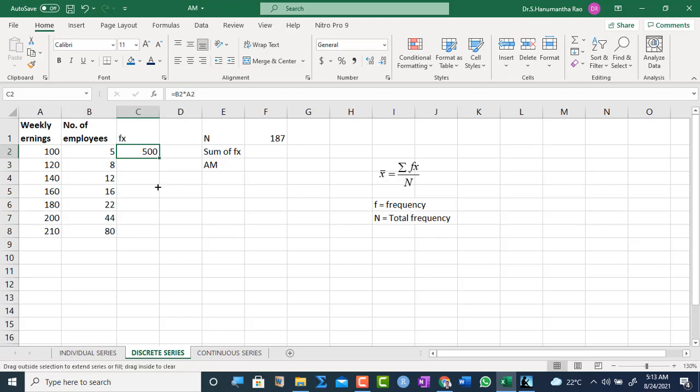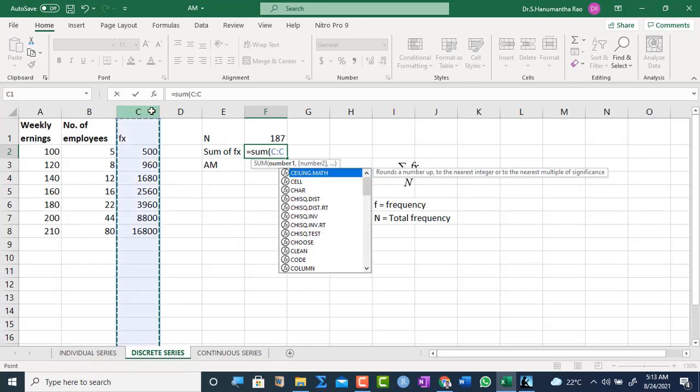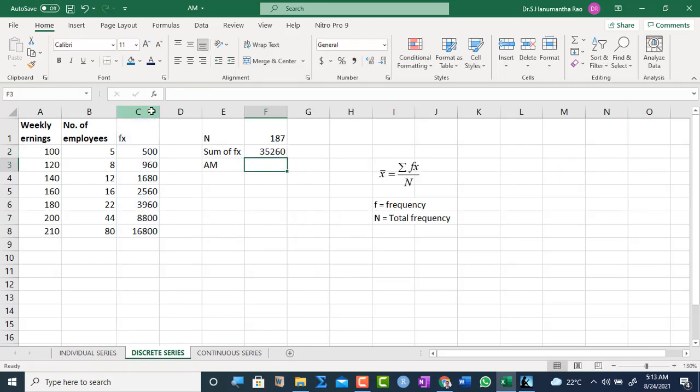Now drag. Now I want to calculate the sum of fx. So now we have the sum of fx and the n value.